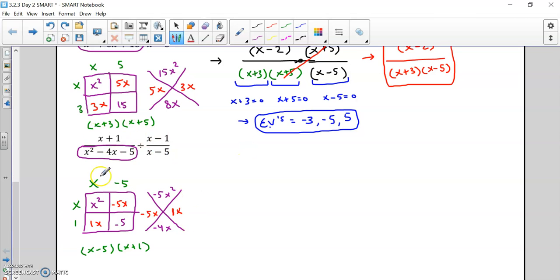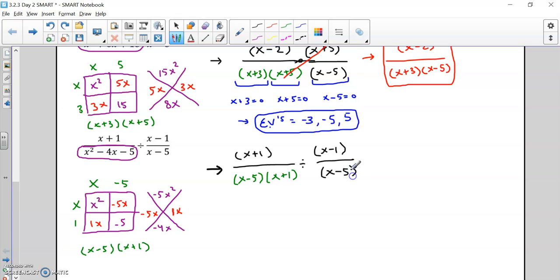Instead of this x squared minus 4x minus 5, we're going to replace it with our new factored version. So we have x plus 1 over, not what they have, but what we found. So x minus 5 times x plus 1 divided by x minus 1 over x minus 5.